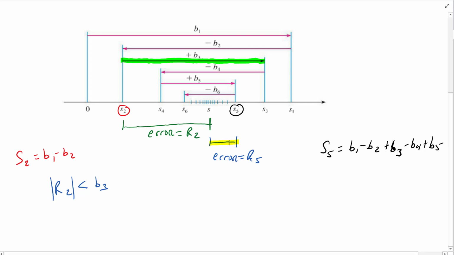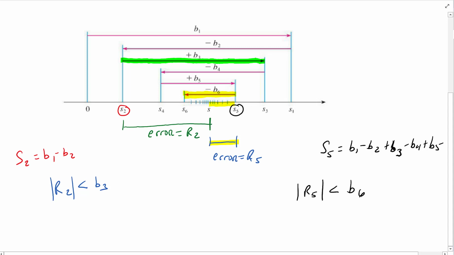It is how far away we are from the sum. And we see that b sub 6, while it's going backwards, its magnitude goes all the way back across the sum to the other side. And so we see here that, hey, R sub 5, that error, is less than our b sub 6.